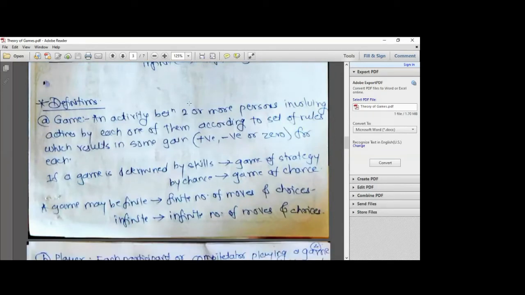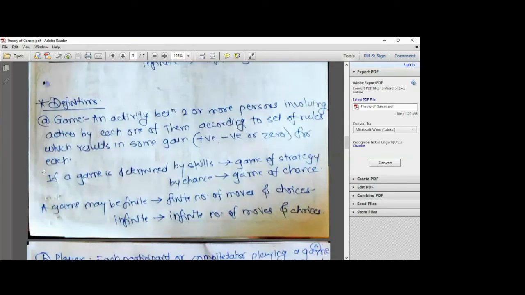An activity between two or more persons involving actions by each one of them according to a set of rules, which results in some gain, which can be positive, negative, or zero for each, is called a game. This course of action is called a game.